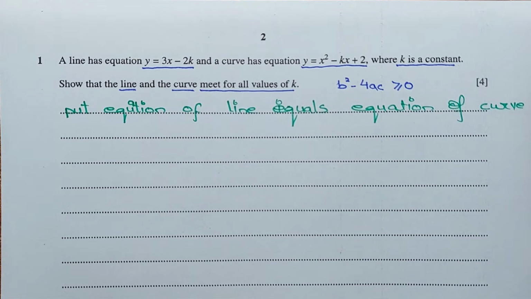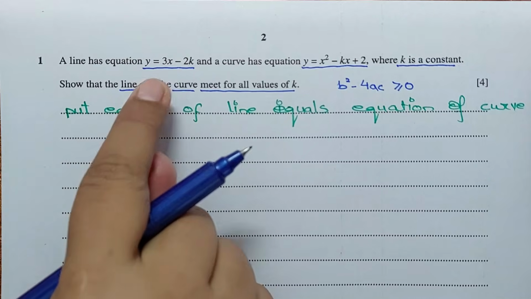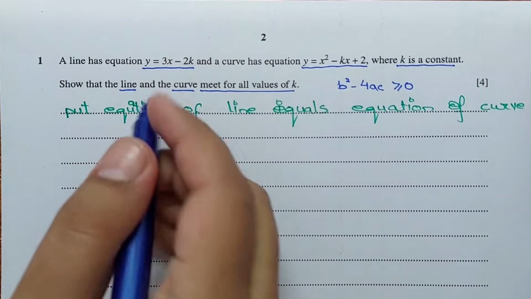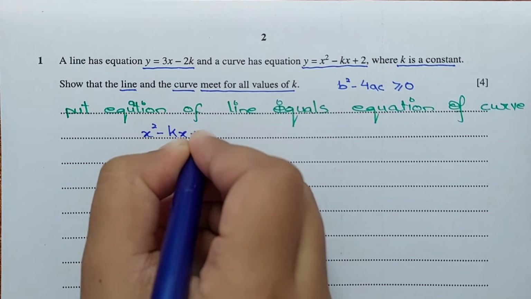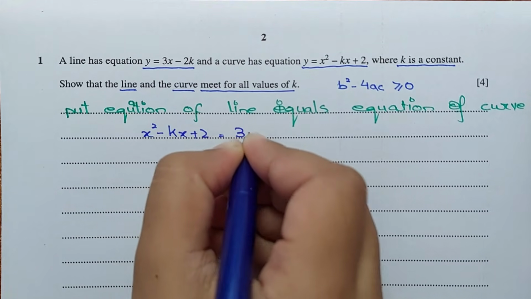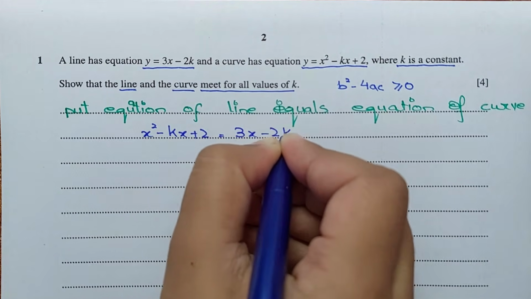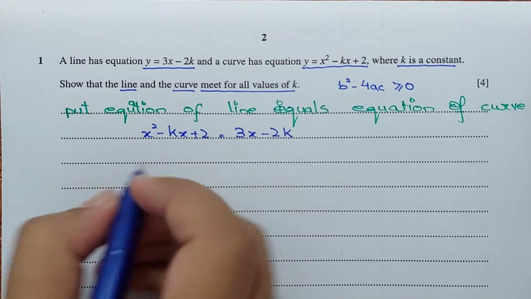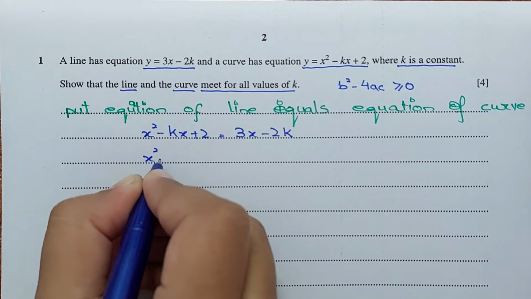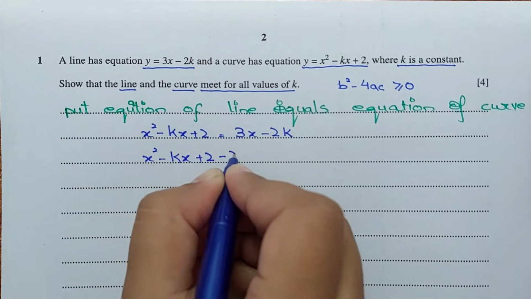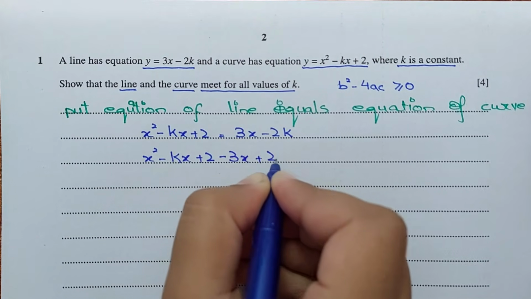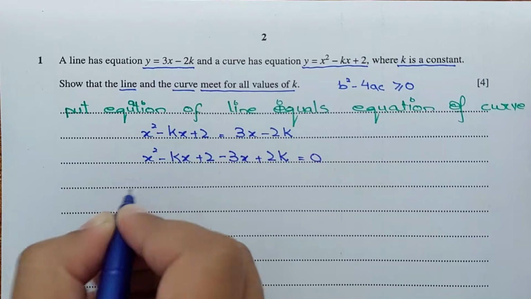Okay, so when we substitute, we can say y value is this, and over here we have x square minus kx plus 2 equals the y value, which is 3x minus 2k. All right, now we have to solve it. So x square minus kx plus 2, shift all the terms to the left, so minus 3x and plus 2k. This is equals to 0.